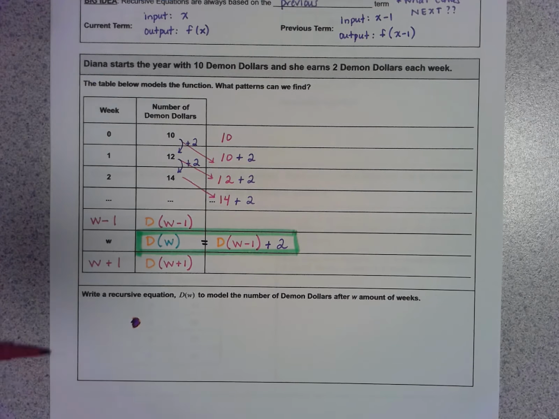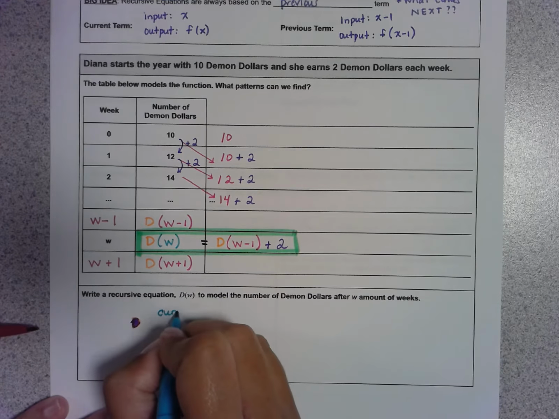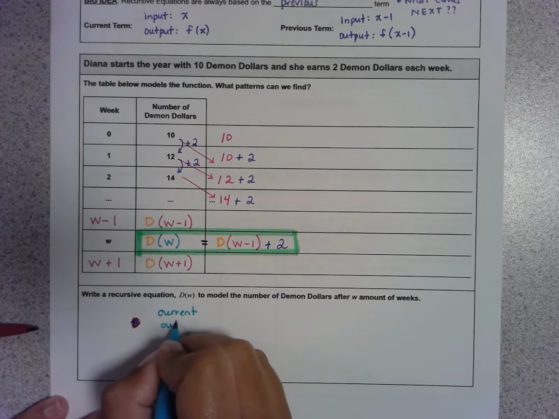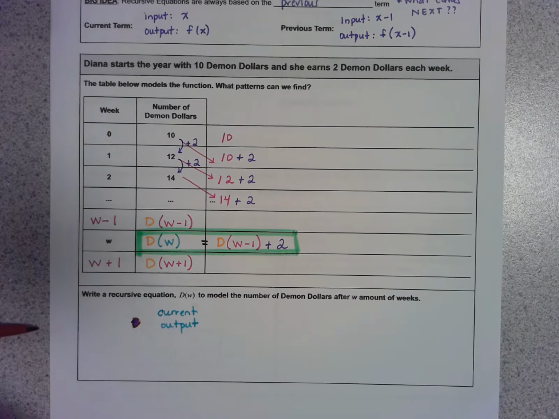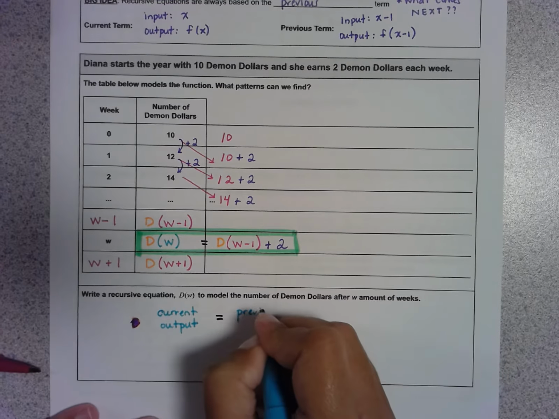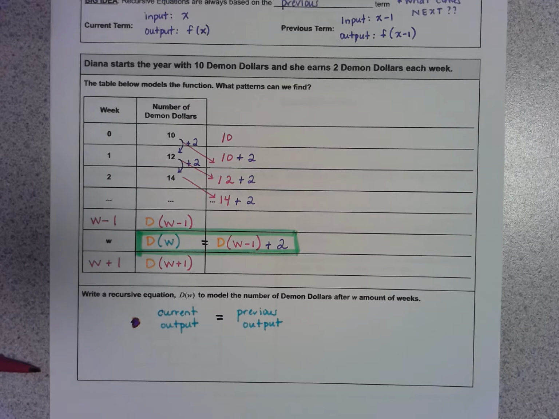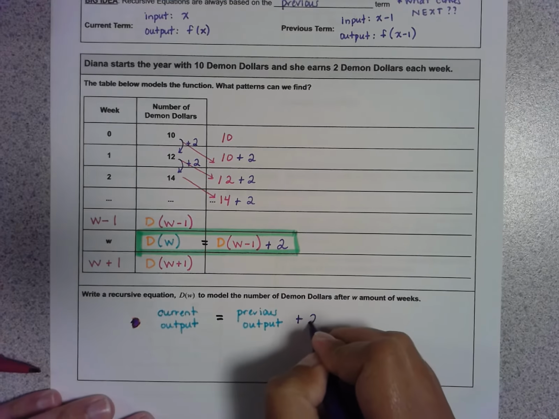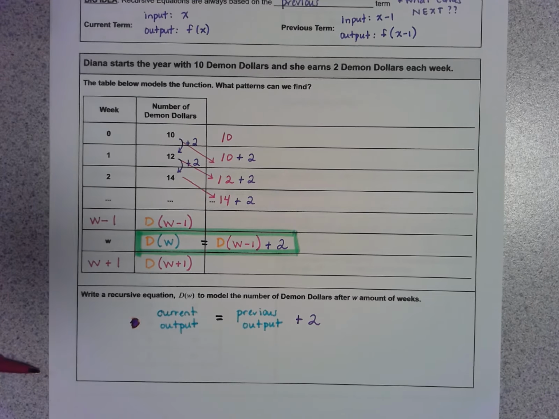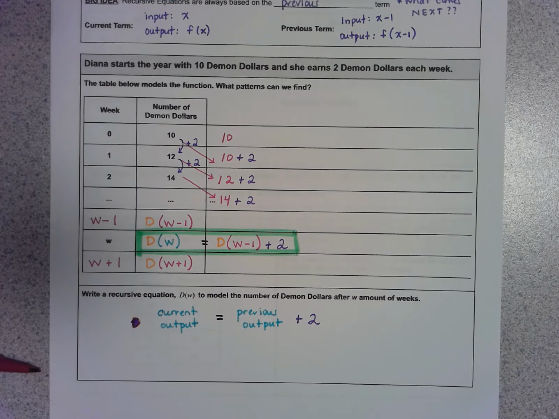We would say the current output is equal to the previous output plus 2. Because that was the pattern in this table, that it was the previous number plus 2.